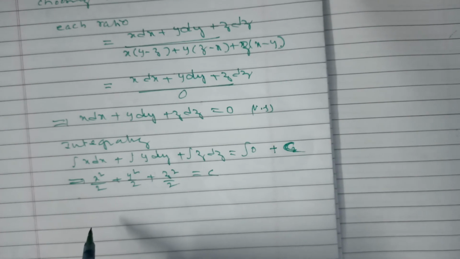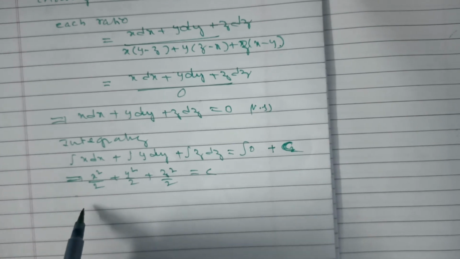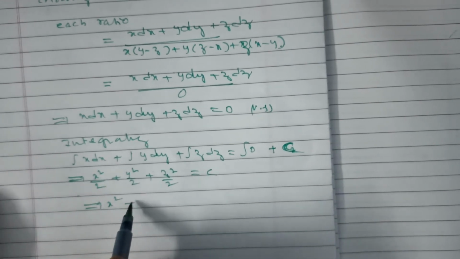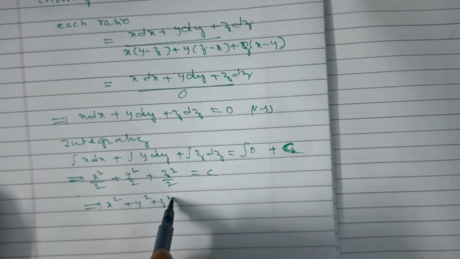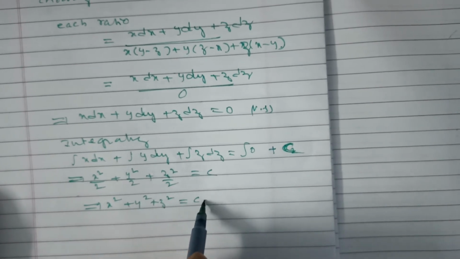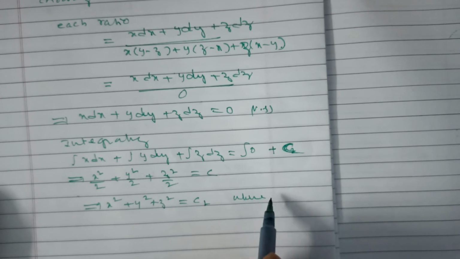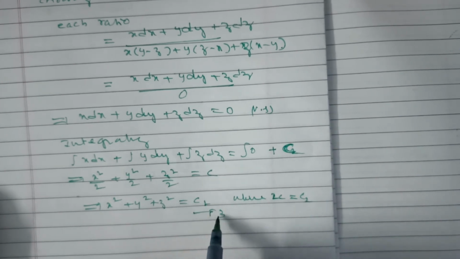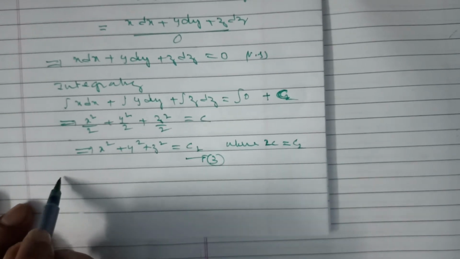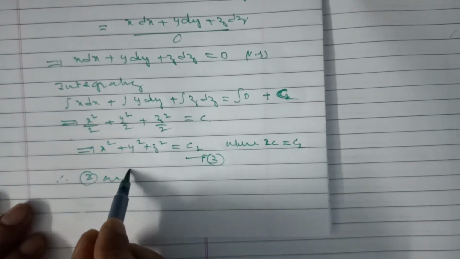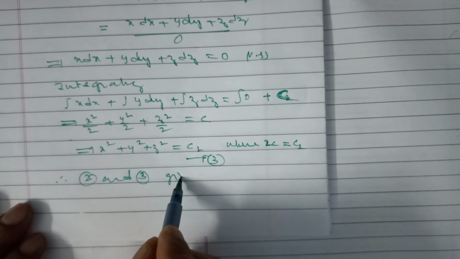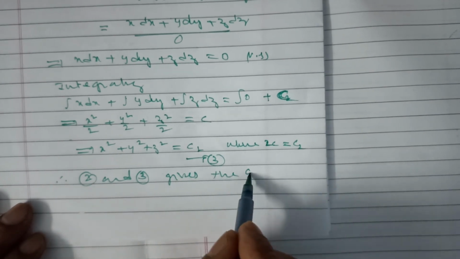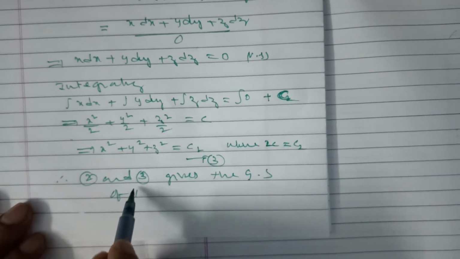This implies x square plus y square plus z square is equal to c2, where 2c is equal to c2. Take this as equation 3. Therefore 2 and 3 give the general solution of 1.